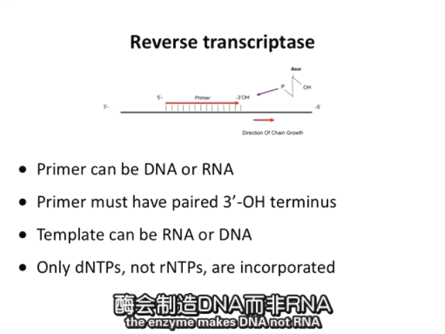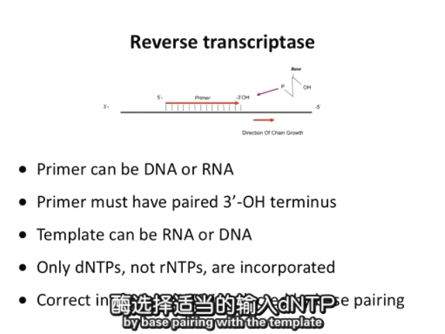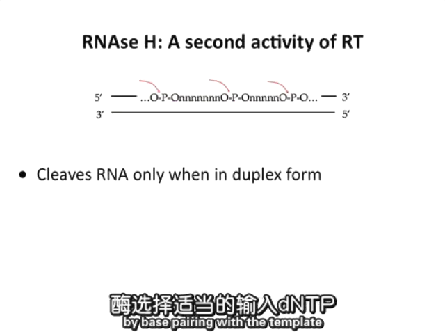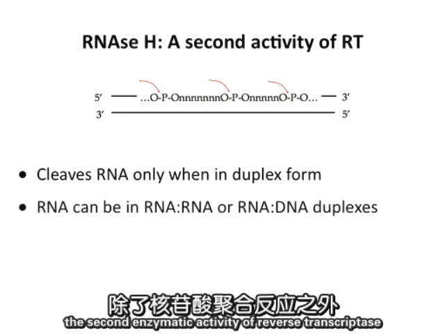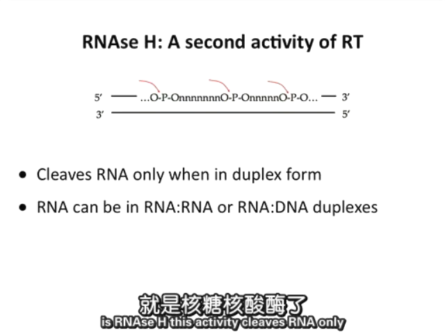The enzyme makes DNA, not RNA. And lastly, the enzyme selects the correct incoming dNTP by base pairing with the template. The second enzymatic activity of reverse transcriptase, in addition to nucleotide polymerization, is RNase H.